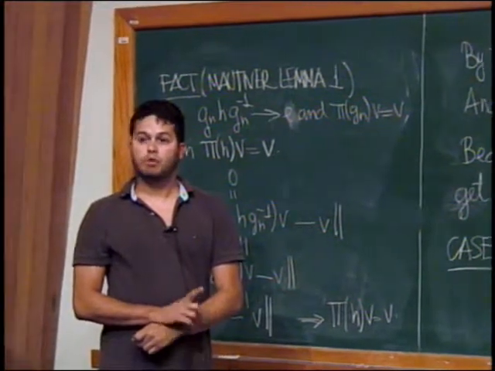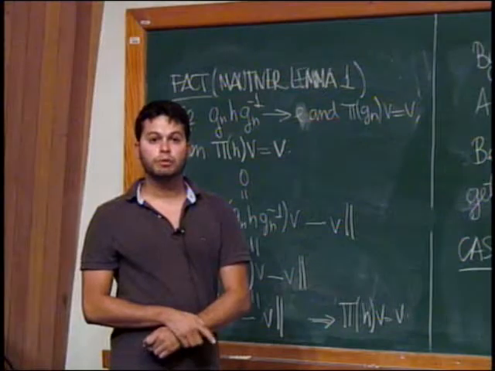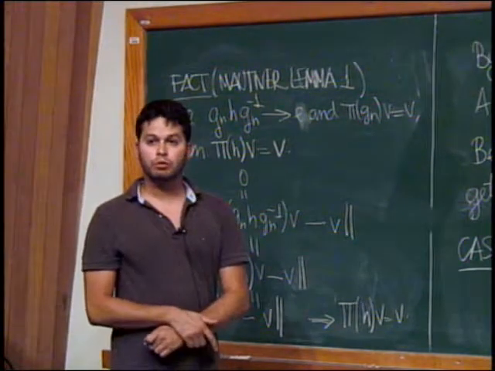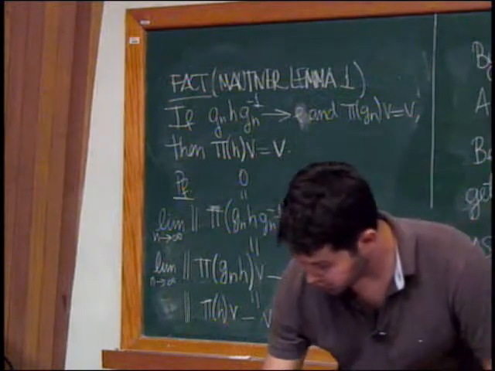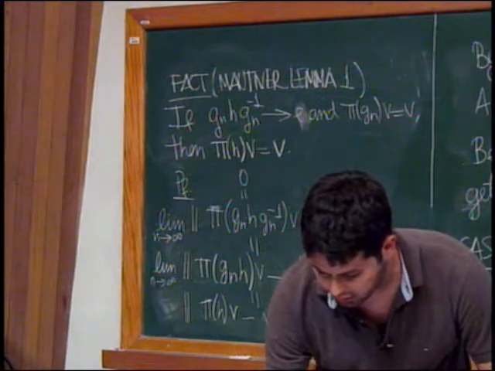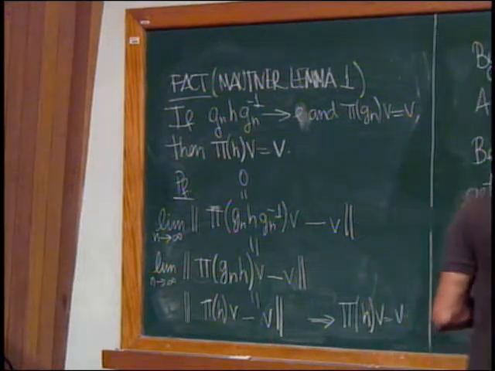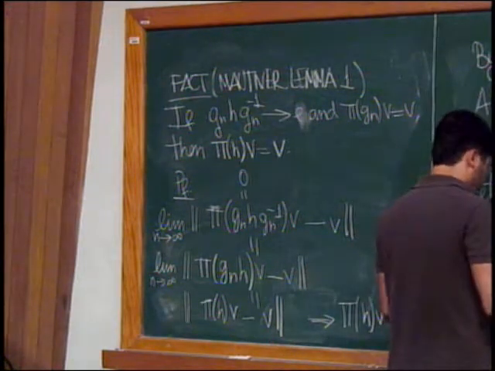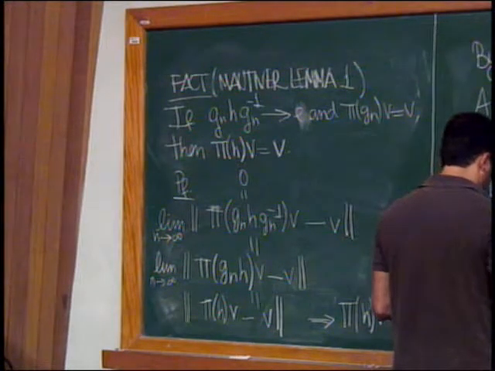Once we can get one element that fixes V and belongs to the diagonal group, then we can apply case 1 and conclude the proof. So the proof is going to use another kind of Mautner lemma, but I'm just going to write here what I want to prove.